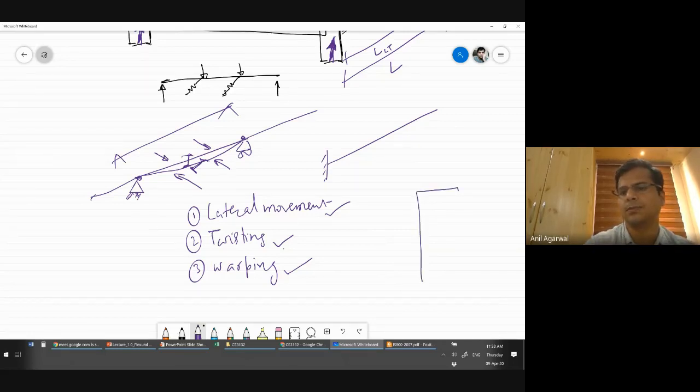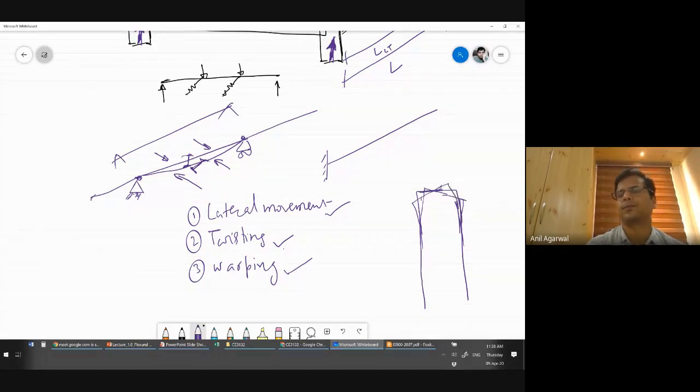So this is the beam, and warping requires that the top flange goes this way and the bottom flange goes this way. Okay, so if we can somehow prevent the in plane rotation of the flanges, so there can be some kind of a support which will prevent the in plane rotation of the flanges, then we can prevent buckling.